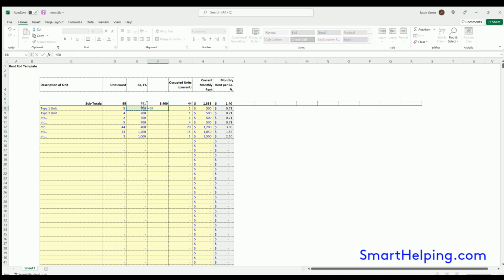You have to multiply this times the unit count. So this is the total square footage. We'll go down to 2,500. 70,000 square feet in this case, and that's why my numbers were all messed up.